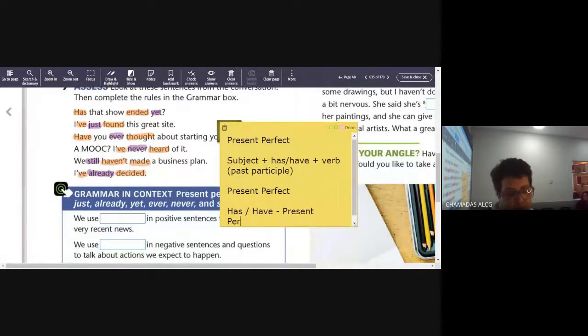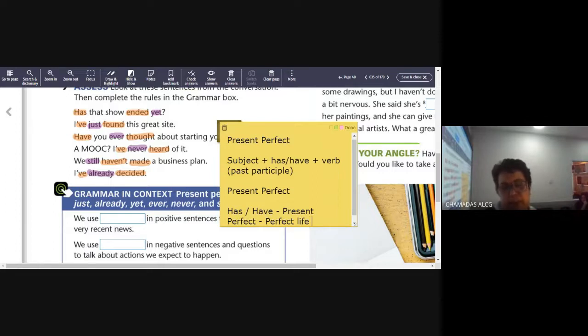And perfect, because we are using a combination of the auxiliary verb, have or has, with the past participle of the verb to talk about actions that are actually true. So they are like perfect, if you understand that.